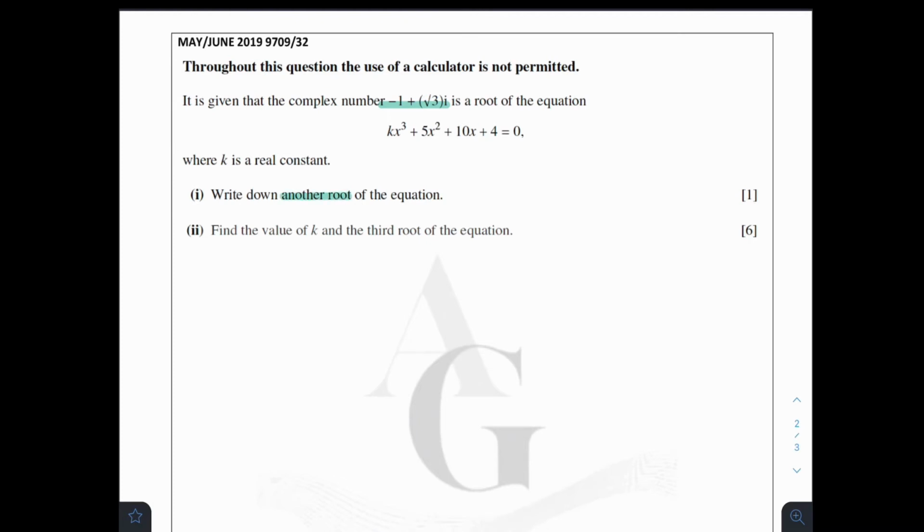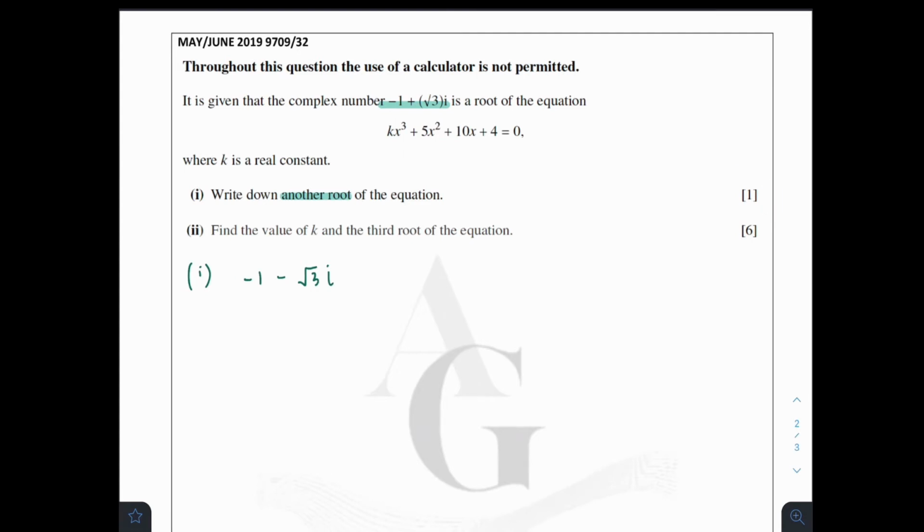Since you know that one of the roots is a complex number, according to the conjugate pair theorem, another root will be the conjugate of this complex number, which is negative 1 minus square root 3i. Then you can get the 1 mark easily. That's how we answer part 1 according to the conjugate pair theorem.